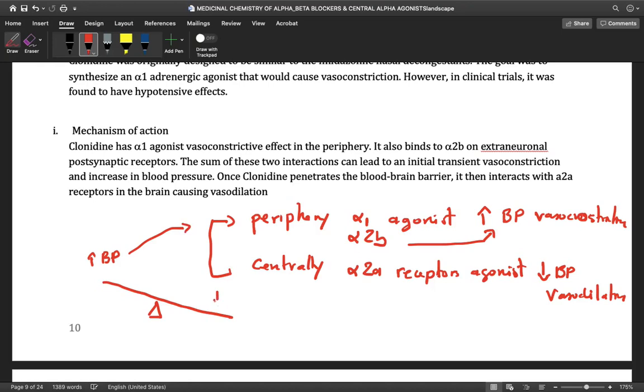On the other hand, you have a decrease of blood pressure through the action in the central nervous system, in the brain, okay, as we see here. But overall, the central reduction of blood pressure is more significant and longer lasting than the transient temporary increase in blood pressure. I hope this makes sense here.